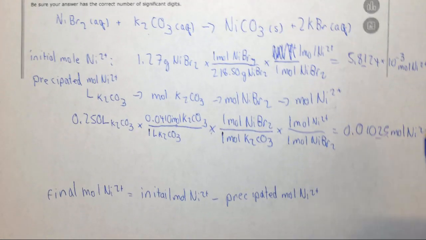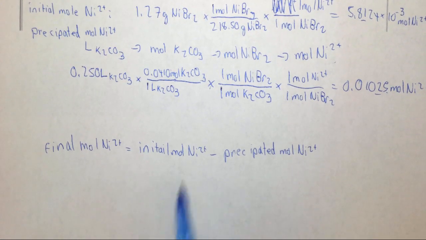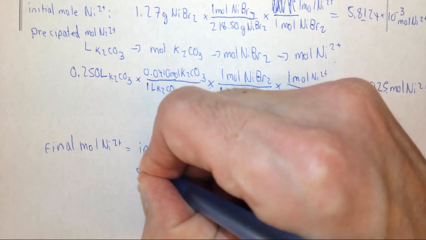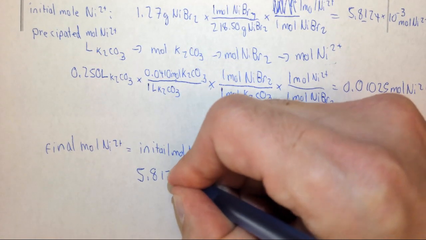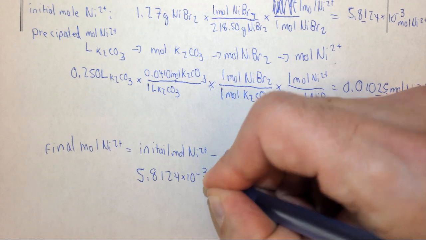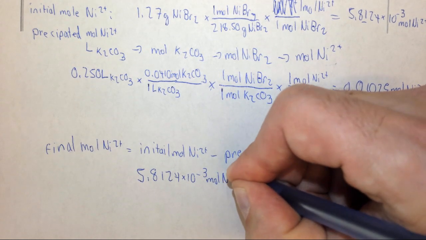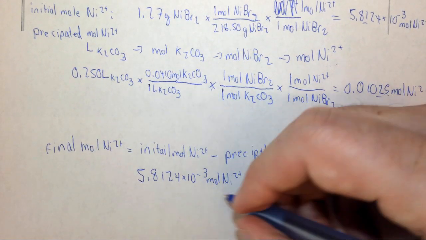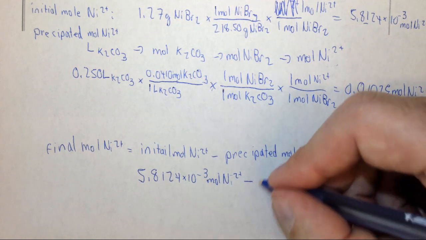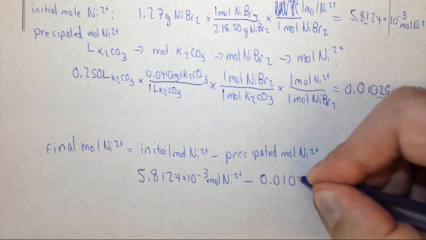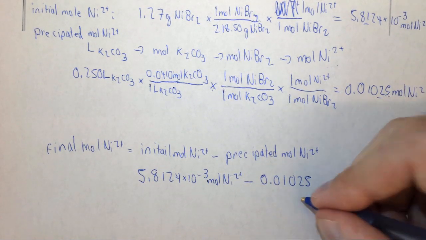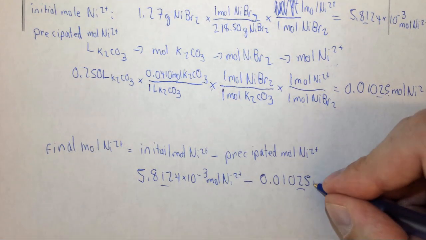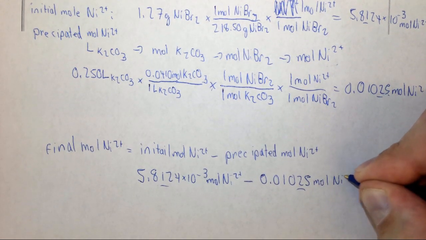But if it wasn't, what you would want to do is take the initial moles, 5.8124 times 10 to the minus 3 moles of Ni2 plus, minus the precipitated moles, 0.01025 moles of Ni2 plus.